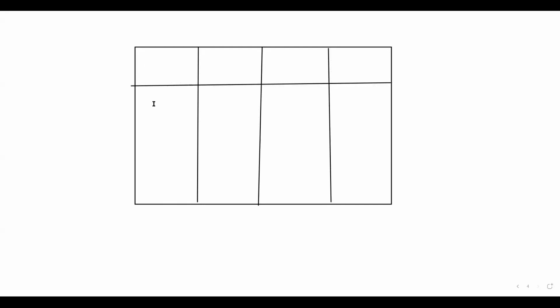Another example. We have 200, 700, 1200, 4800, minus 36, minus 20, and minus 8, 20.